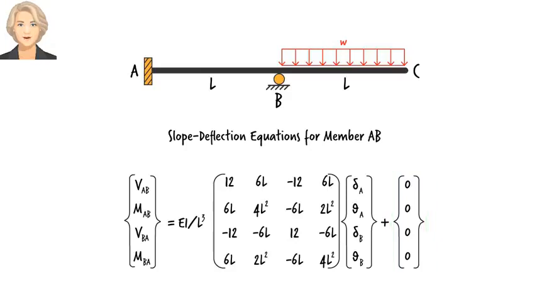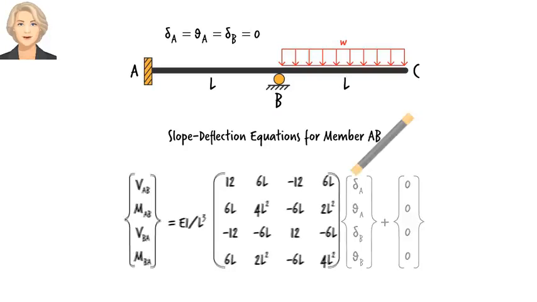We can further simplify the equations by setting delta A, theta A, and delta B to 0. That is, since A is fixed, displacement and rotation at that end of the beam would be 0. And since there is a roller at B, we know there would be no vertical displacement at that joint. So the system of equations can be written as follows.